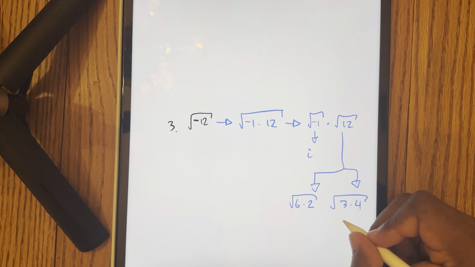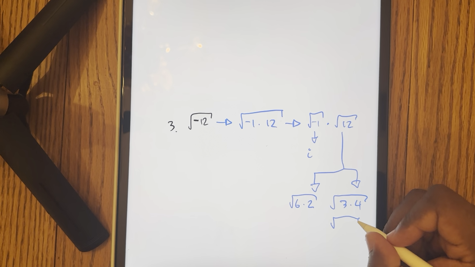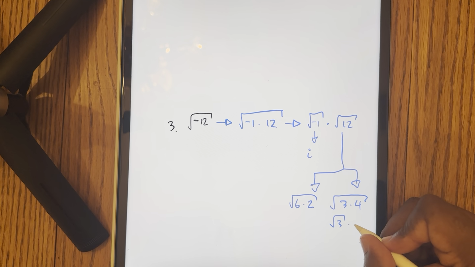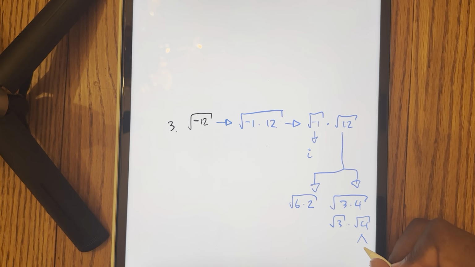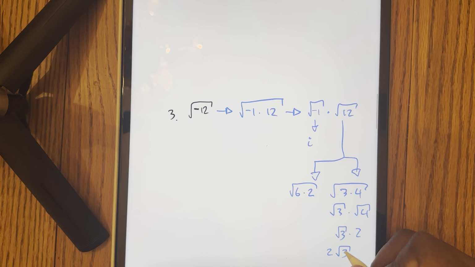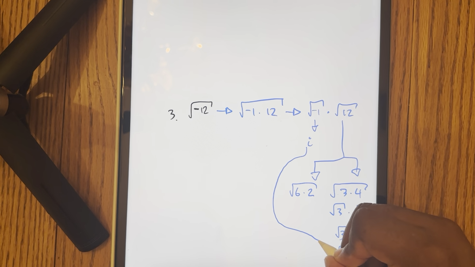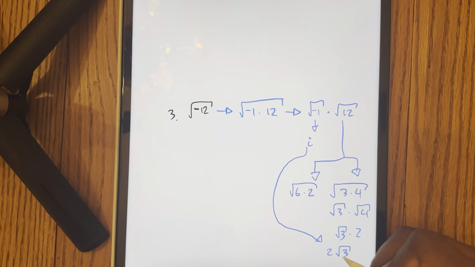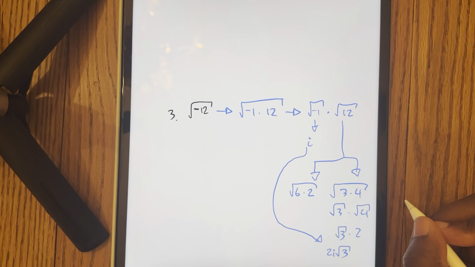Well, we know that then this can split into the square root of 3 times the square root of 4, and that's just 2. So this then gives us 2 radical 3. And don't forget about the i that we had here. So we tag that on, and we can put it right here, 2i radical 3, and that would be your final answer. This one is a little bit more involved.